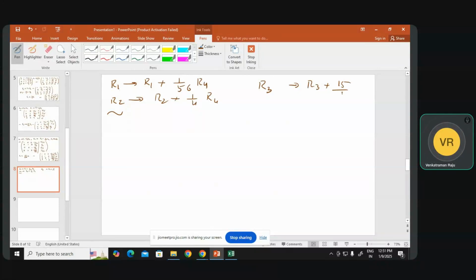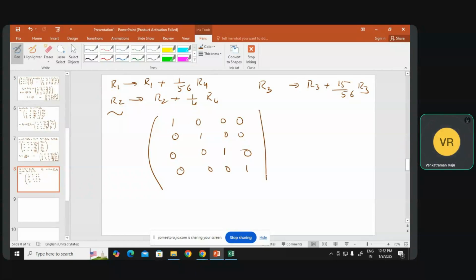So these three operations we require because those three positions I need zeros. So we get indeed 1, 0, 0, 0, 0, 1, 0, 0, 0, 0, 0, 1. Sorry, I made a mistake. 0, 0, 0, 1, and we get here 56 by 209, 15 by 209, 4 by 209, 1 by 209.